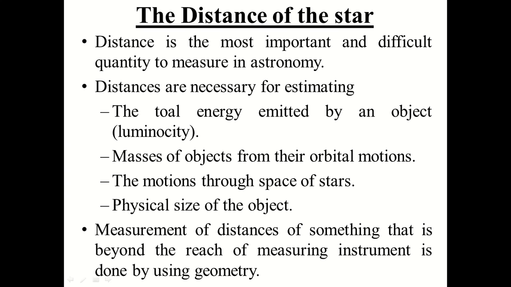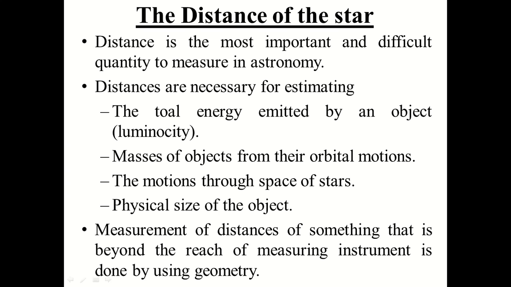Also, to estimate the masses of celestial objects from their orbital motions, we need the distance of that object. Also, to estimate the motions of stars through space, we need their distance from Earth.